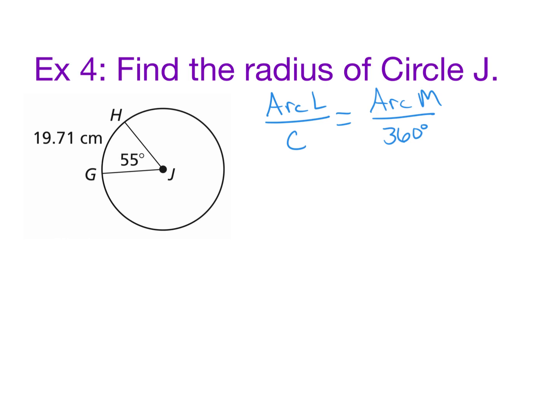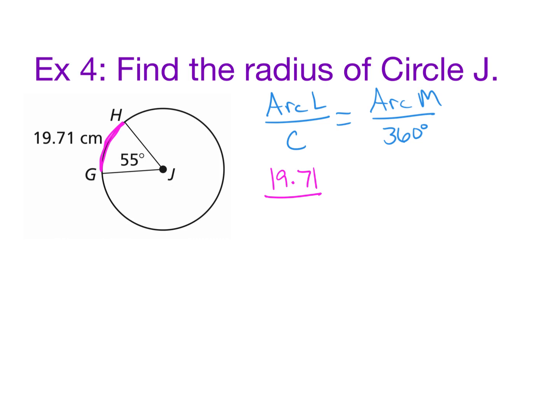All right, what did y'all put in for the arc length? Let's see if anybody got it. Good, 19.71, because the length there is just 19.71. Do I know the circumference? Did they give me the circumference of the whole circle? No. Do I have a way of finding it?